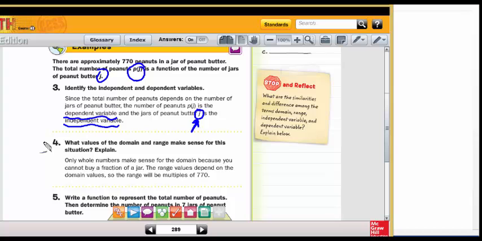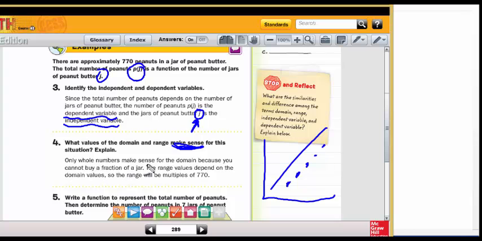Example number 4 says what values of the domain and range make sense for this situation. This is an important concept here, because this is going to determine whether or not we draw a line when we graph a function, or whether we just use a series of points when we graph that function, because sometimes values for the input do not make sense, and this is the perfect example of that.